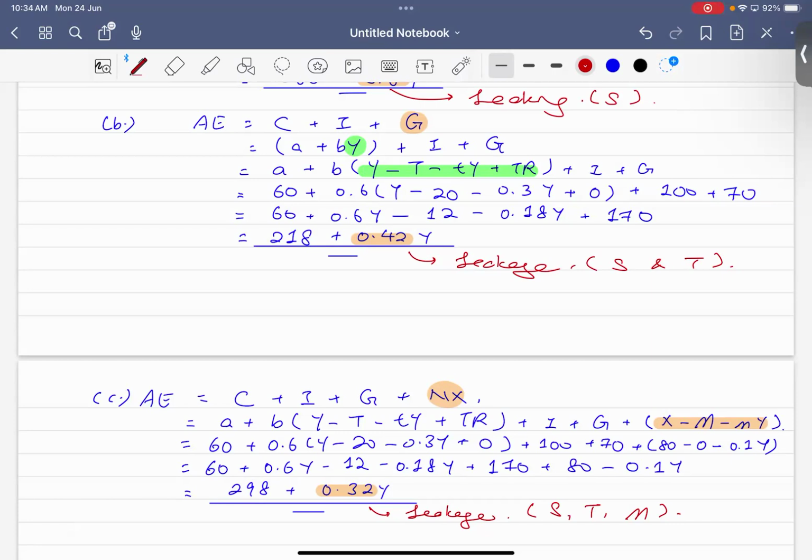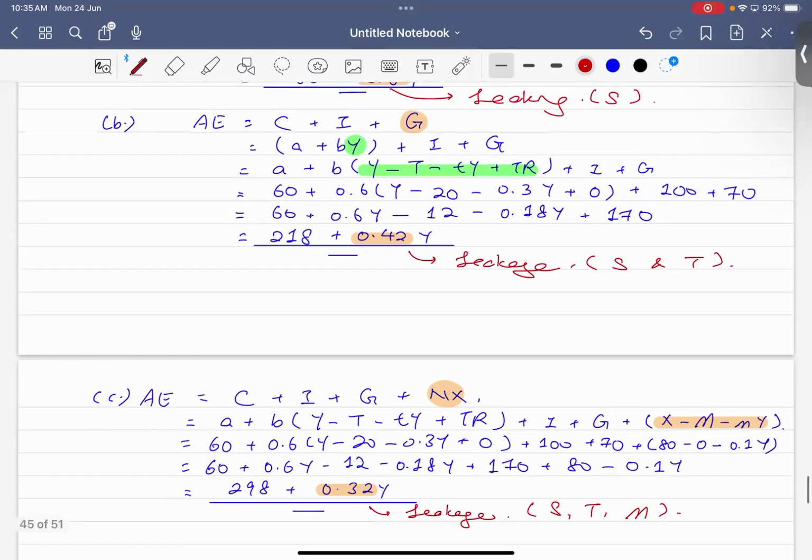So that's the first question. Easy. Make sure you can get the values right.